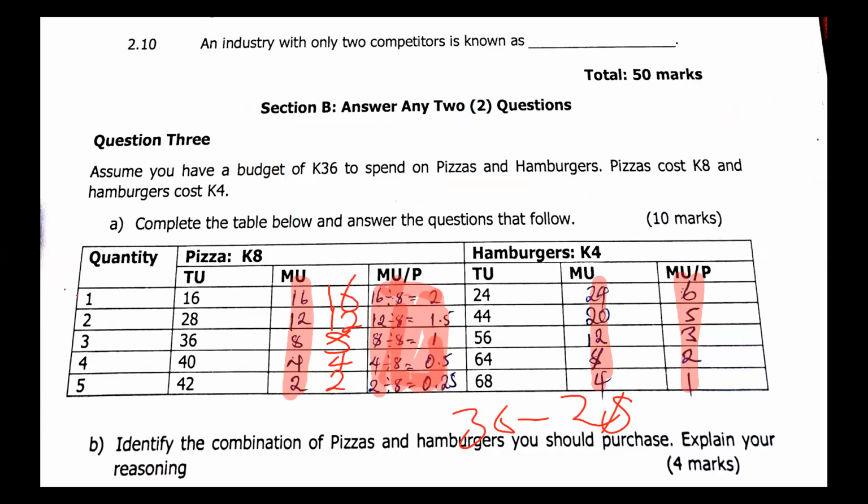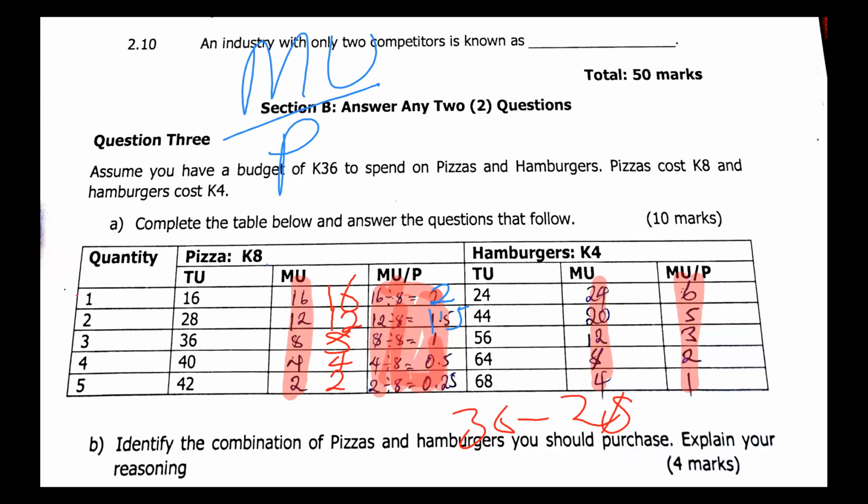Then from there, we go to the next column. The marginal utility that you have found, you divide it by the price. Our price is 8 kwacha. So you say 16 divided by 8, that gives us 2. Then 12 divided by 8 is 1.5.